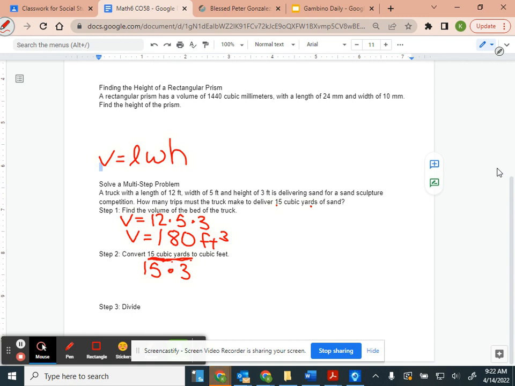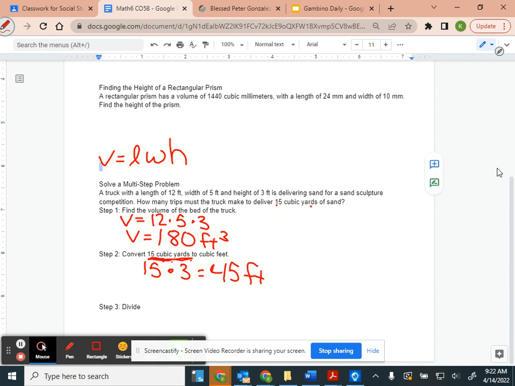If we want to go from yards to feet, there are 3 feet in a yard, so we multiply it by 3. So it's 45 feet. That doesn't sound right.